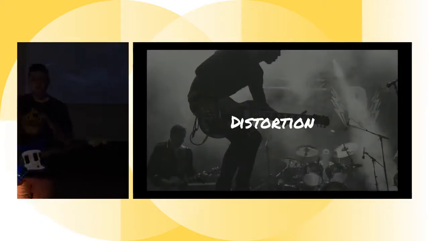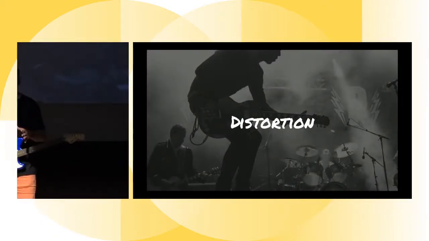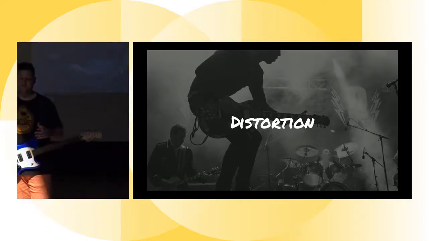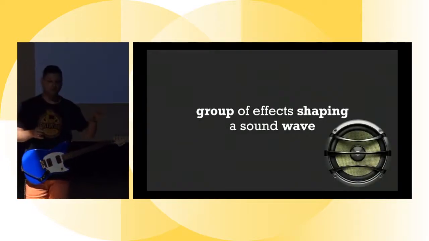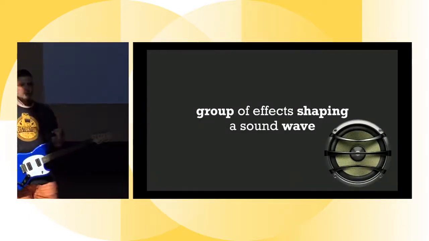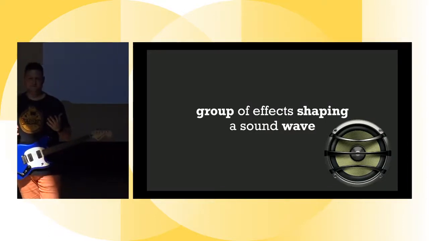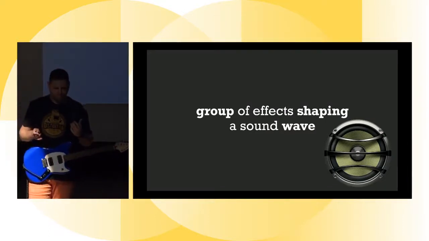So the first effect I want to show how to create with web audio is distortion. Distortion is often used in rock music, metal, and so on. Actually, it's a group of effects that change our input sine wave with some transfer function, and this process is called wave shaping. So a bit of history about this effect.